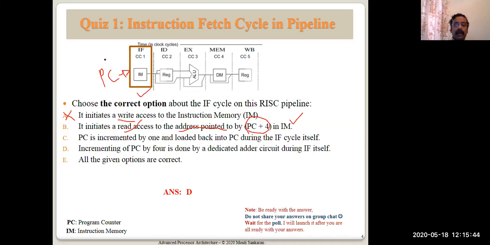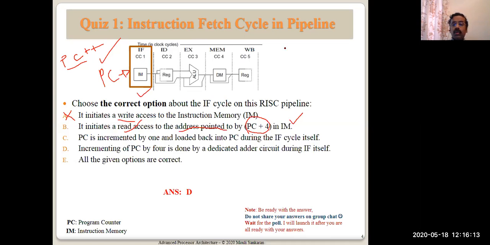Currently, the address pointed to by PC is accessed during this cycle. Then post increment, it is not a pre increment, it is PC plus plus. After accessing the instruction at location PC, it is incremented by 4 and stored back into PC, so that in the next cycle it is ready to access the next instruction.